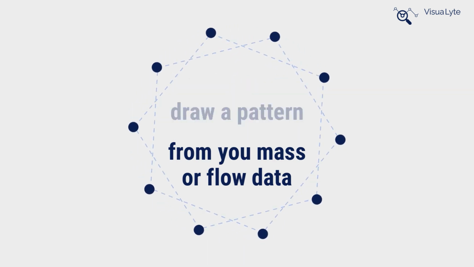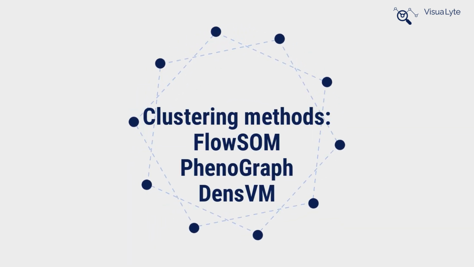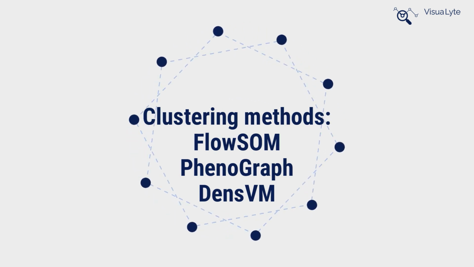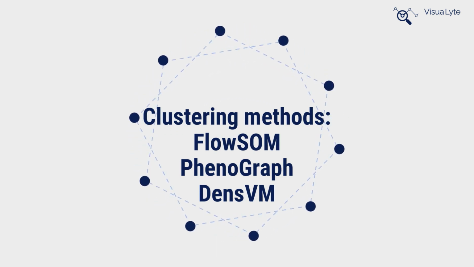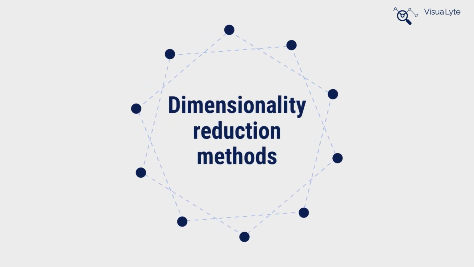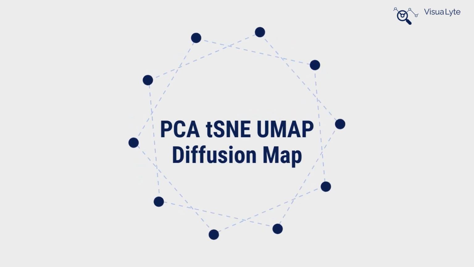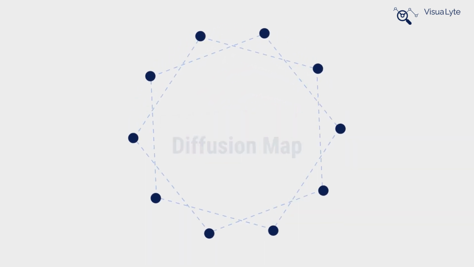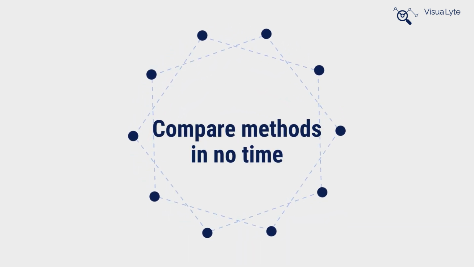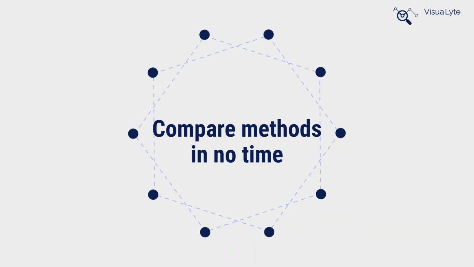You'll learn how to perform clustering methods like FlowSOM, Phenograph, and DensVM. Dimensionality reduction methods such as PCA, tSNE, UMAP, and Diffusion Map. You'll learn how to draw a pattern from your analyzers and compare all the analyzers together in no time.